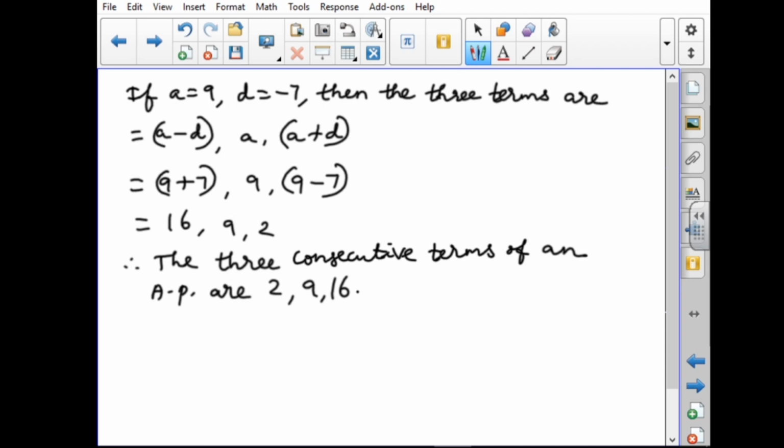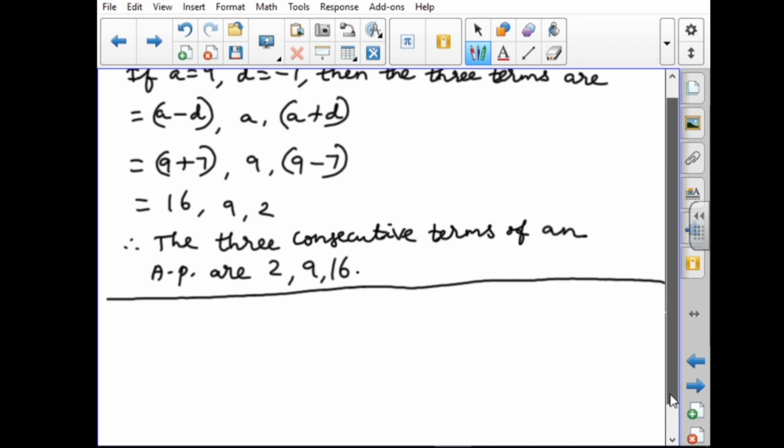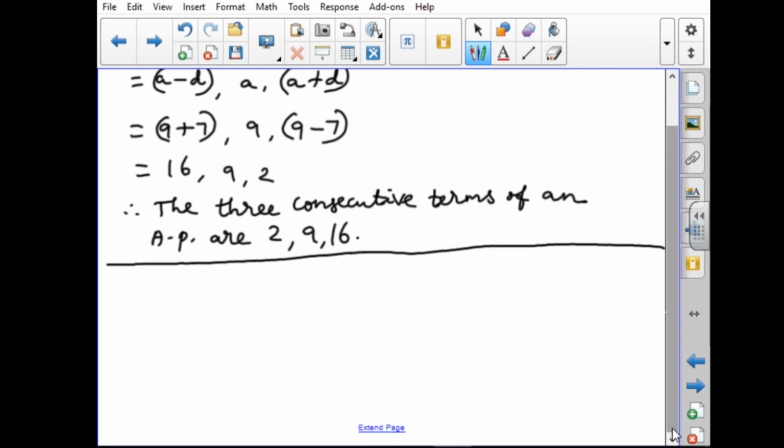We are getting two answers, but if we get one, the other will come from reversing. So we write the first one: 2, 9, 16. The 11th one is over.